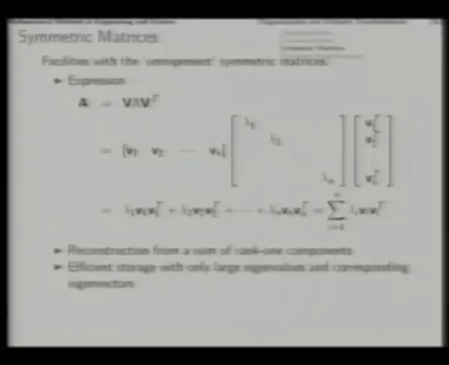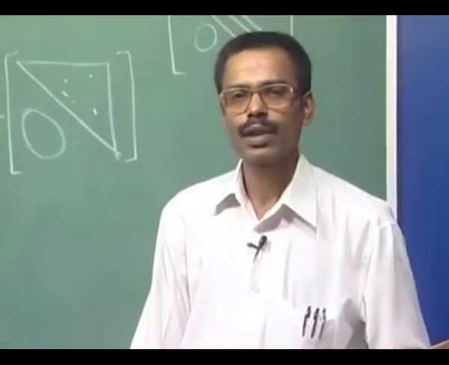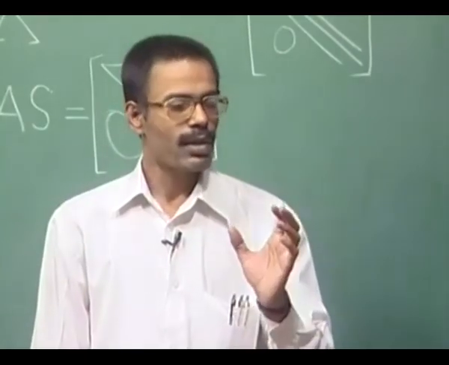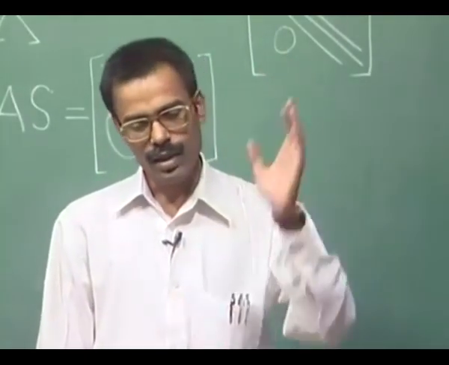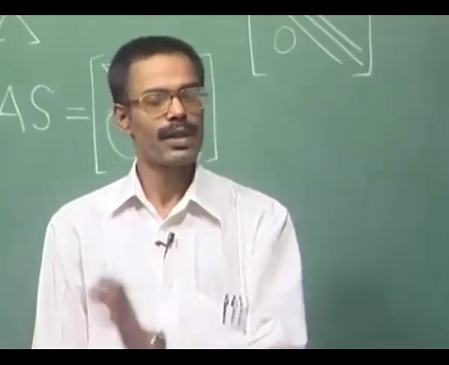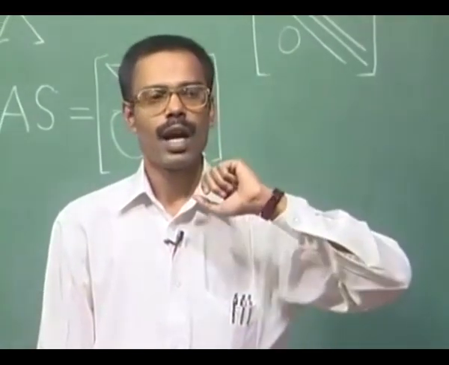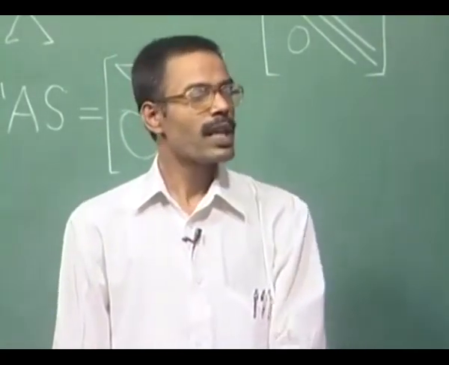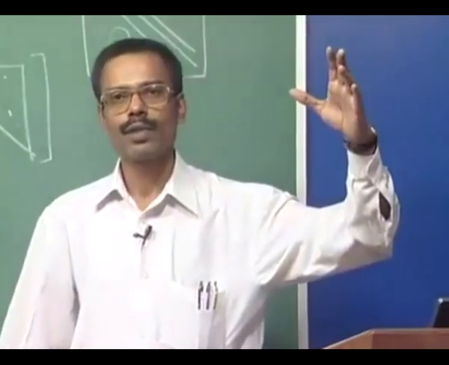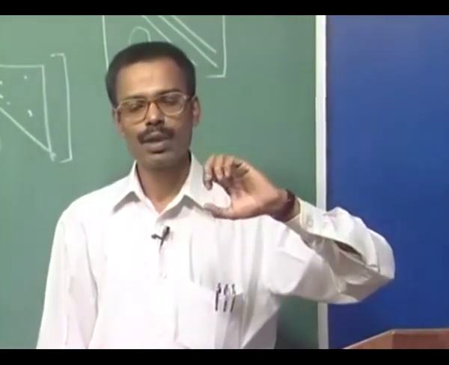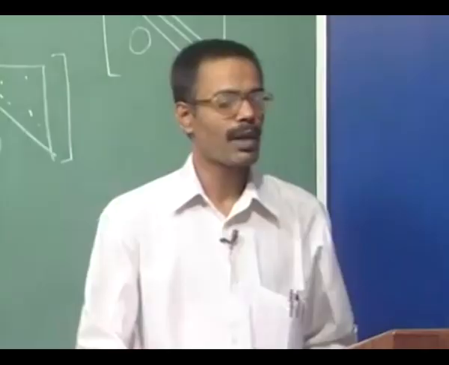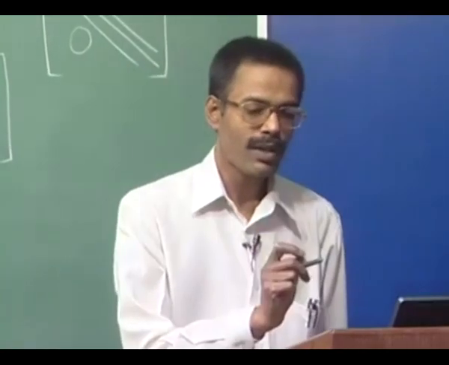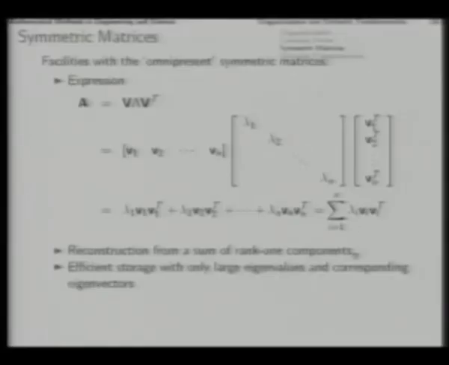One is that if a particular matrix, a huge 4000 by 4000 matrix, has eigenvalues which are organized in descending absolute values, and the first 10 are large and compared to them the next ones are extremely small, then for the storage of that 4000 by 4000 matrix, you can simply store the first 10 eigenvalues lambda 1 to lambda 10 and throw away lambda 11 to lambda 4000, and the corresponding first 10 eigenvectors you store, other eigenvectors you can throw away.